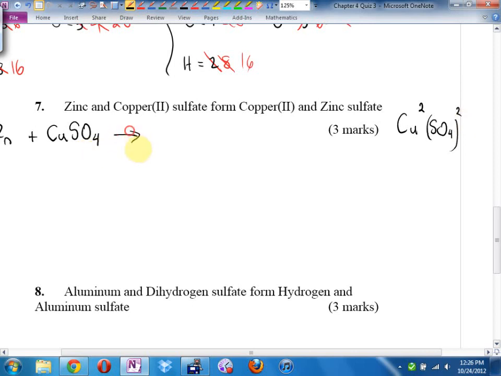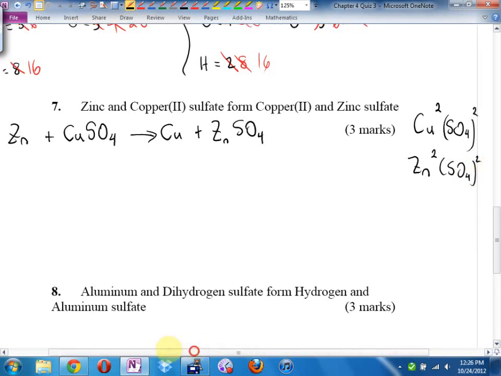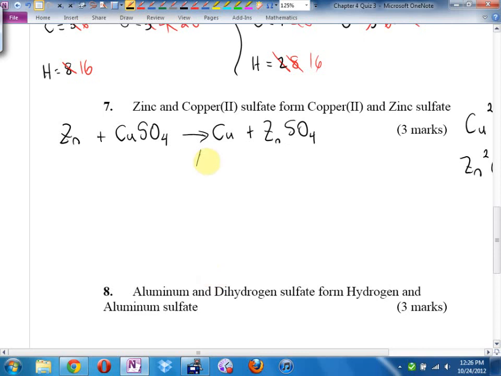Forms, arrow, becomes copper 2, plus zinc sulfate. So zinc sulfate is going to be ZnSO4, but we have to crisscross. What's the charge on Zn? Also 2? So when I crisscross, the subscripts take care of themselves. Okay, I've got the equation. Now, let's see if we can get the ratios.